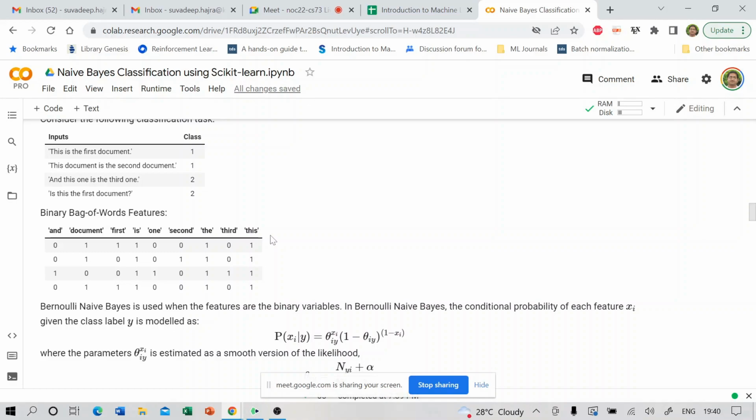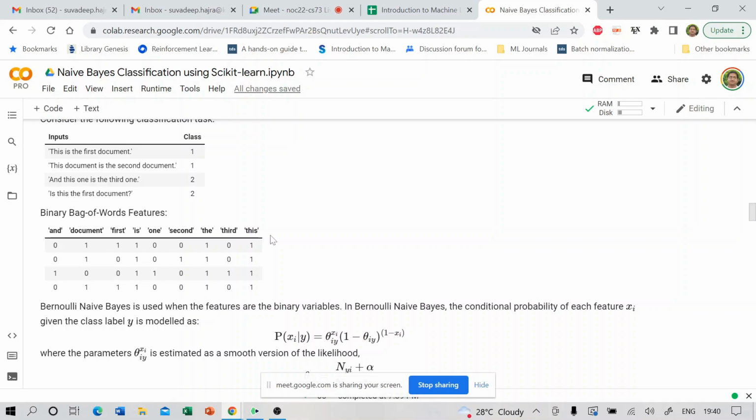Now what you will do is take the first example and set the bit corresponding to a particular feature as 1 if that word belongs to that example. For example, in the first example, the word document appears, so we set the entry for the feature document as 1. Similarly, the word first belongs to this sentence, so we set this bit as 1.